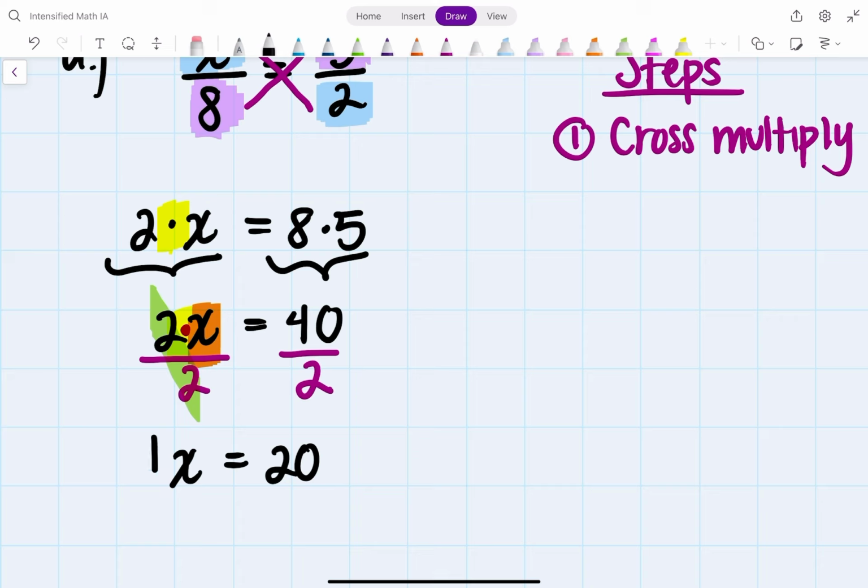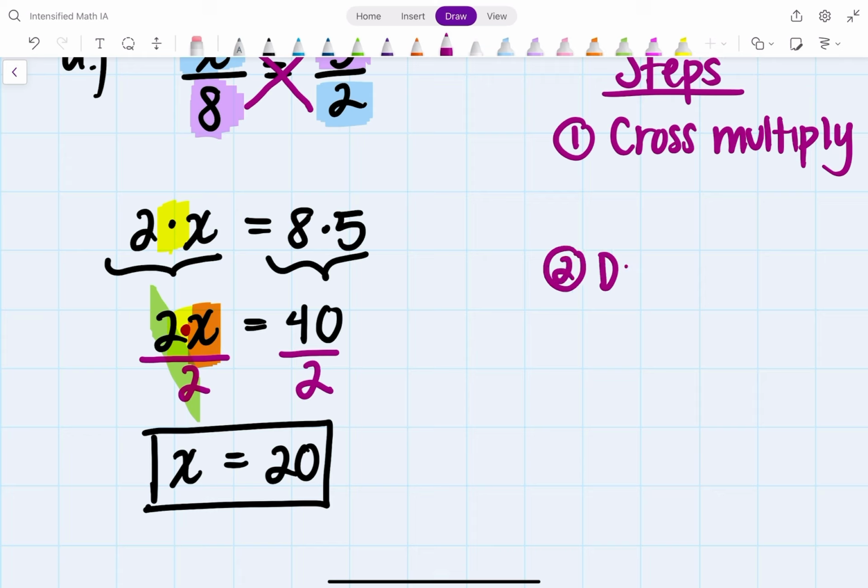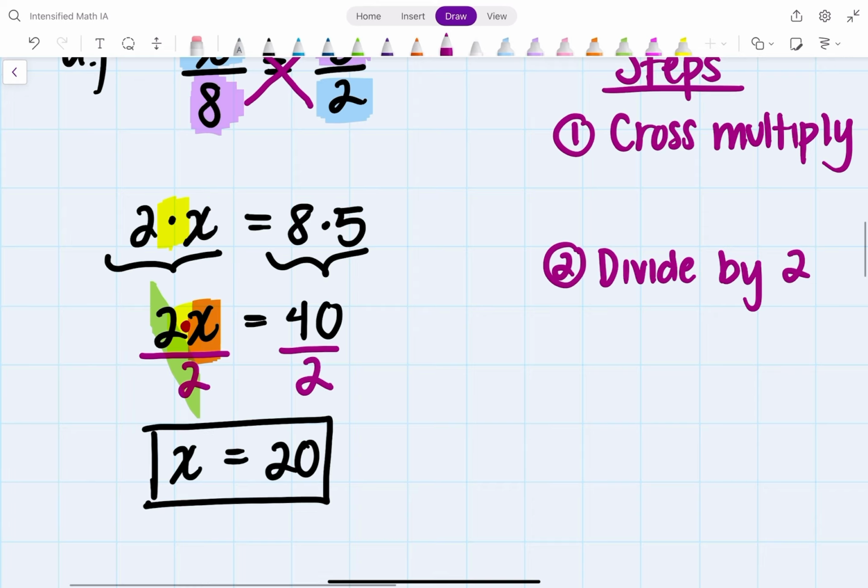So our final answer is going to be 20. Steps that I probably forgot to write down: I divide by 2, that's what we did, and then we simplify our answer, which is our third step, simplify.